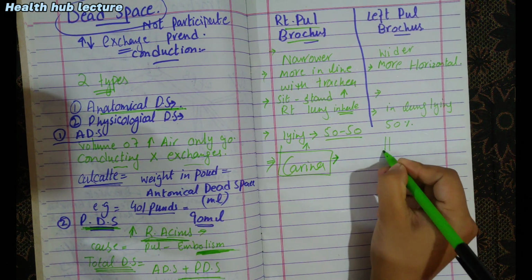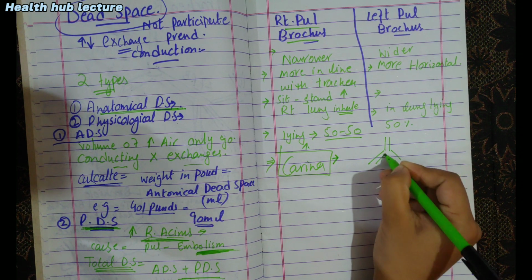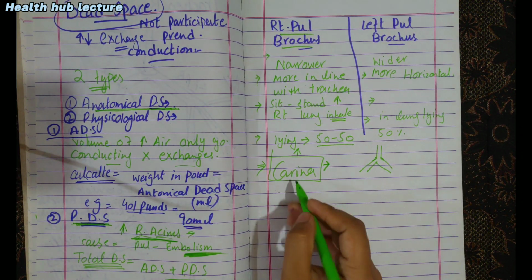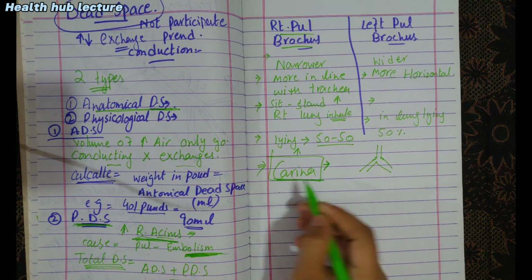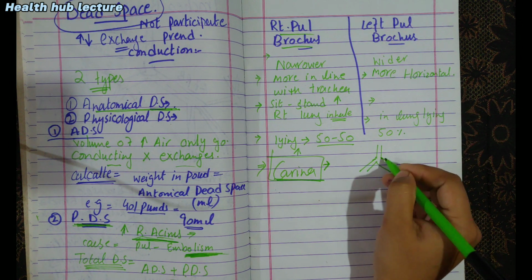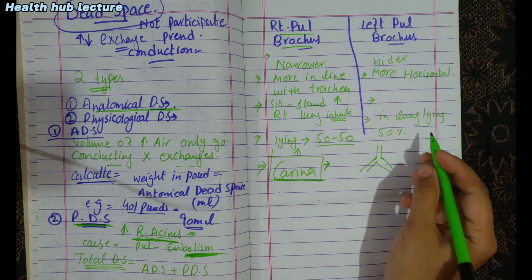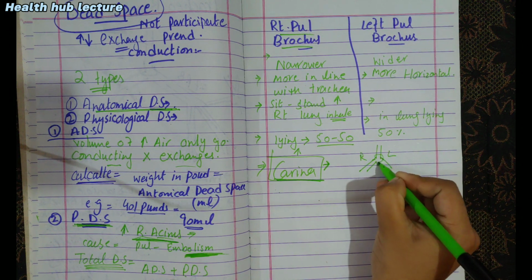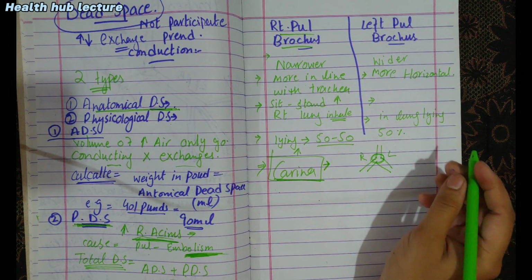What is this? This is where the trachea is divided. This is where the trachea is divided into the primary bronchi. This one is the right and this one is the left. In this angle it is present.